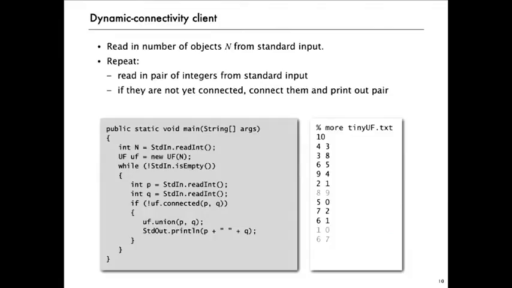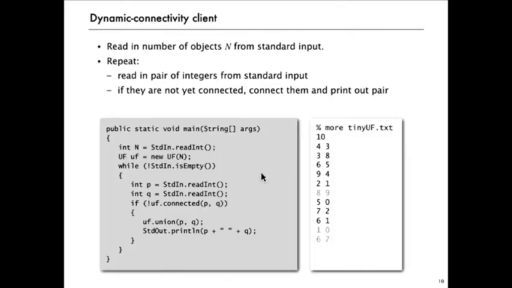One of the practices that we'll follow often in this course is to check our API design before getting too far into dealing with the problem by building a client that is going to use the data type that we develop. So for this example, we've got a client that will read information from standard input. First, an integer, which is the number of objects that are going to be processed, and then a series of pairs of object names.